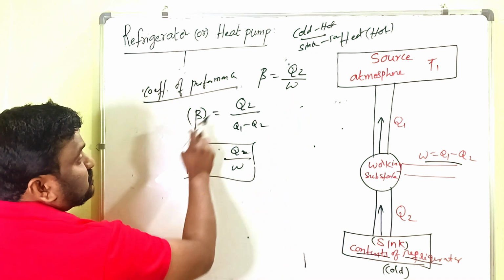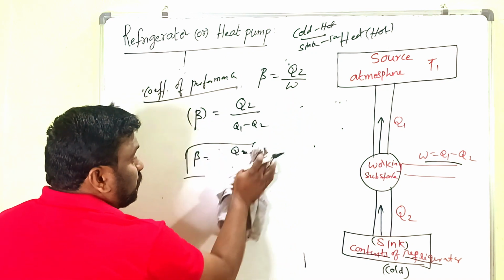Then beta is equal to Q2 by Q1 minus Q2, children.